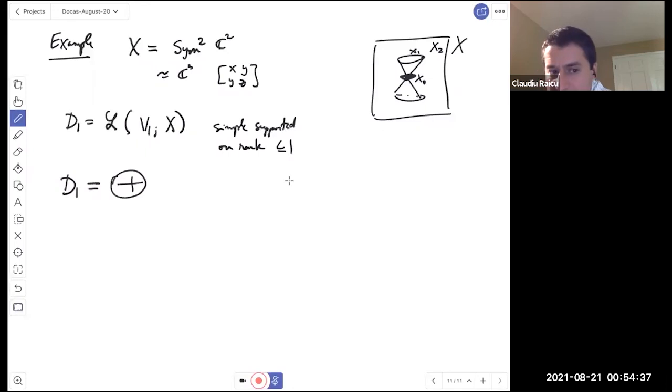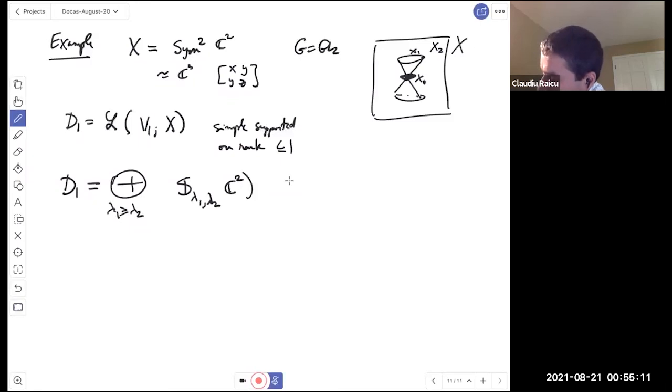Okay, so those representations, the irreducible ones, are indexed by a pair of non-increasing integers. So lambda 1 is bigger than or equal to lambda 2. And to any such pair, you have an associated Schur functor that gives you an irreducible representation of GL2.